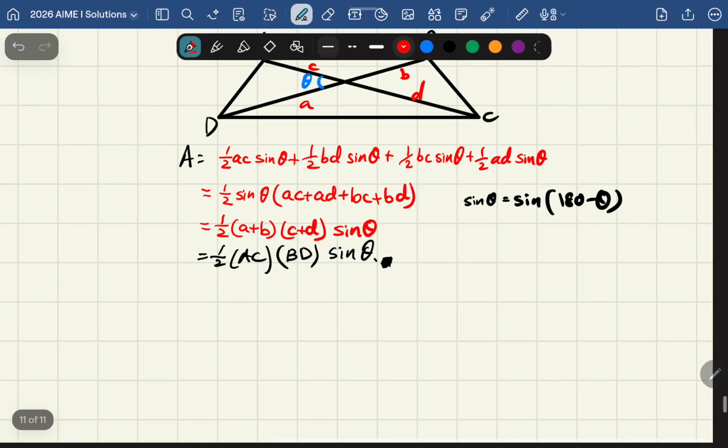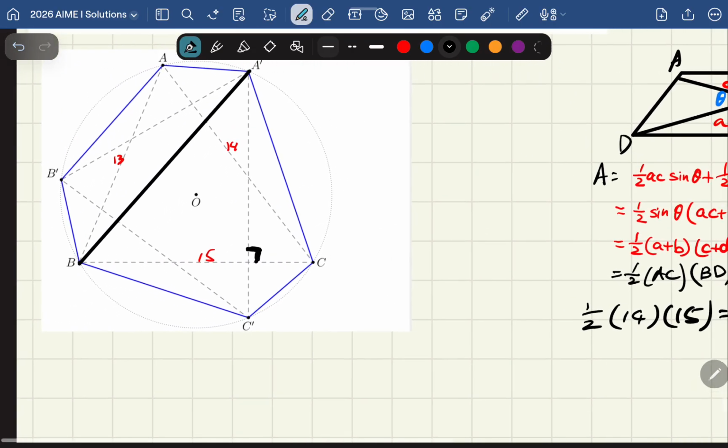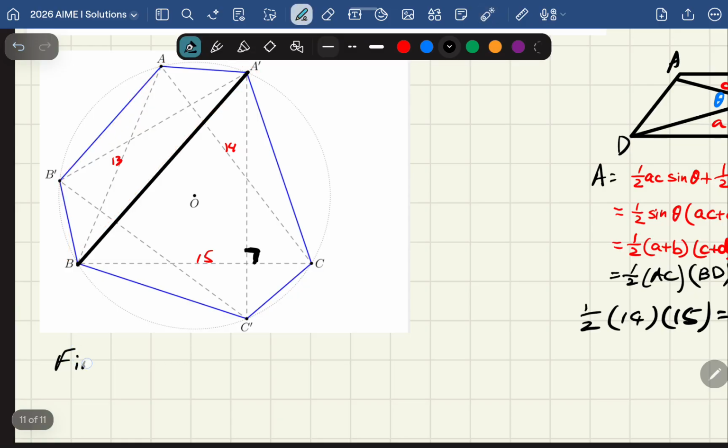So finally this area is 1/2 times 14 times 15, which is 105. Now we need to find the area of A, B prime, B, A prime.